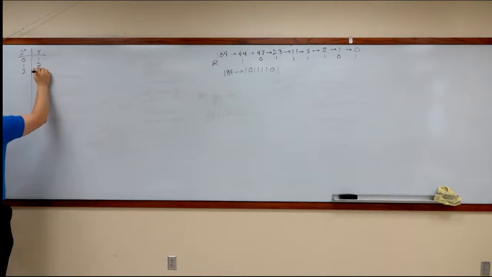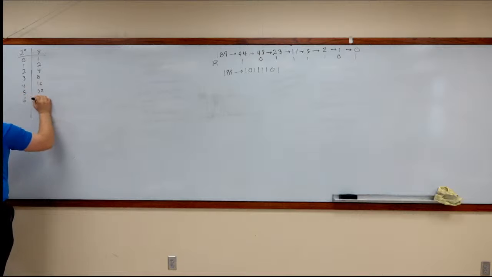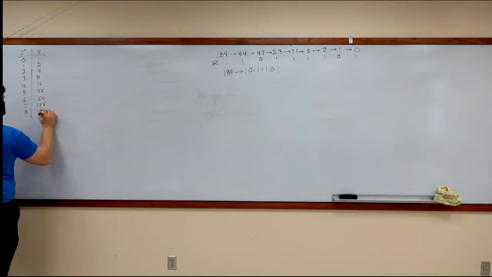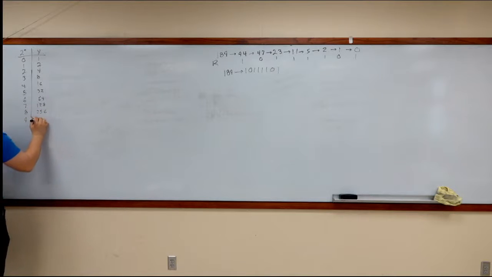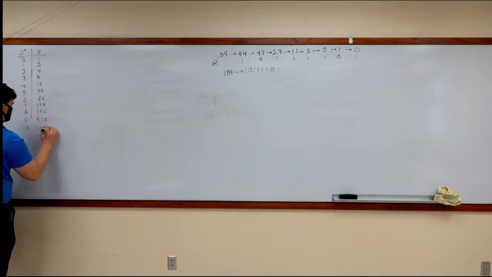So 2, 4, 3, 8, 4, 16, 5, 32, 6, 64, 7, 128, 8, 256, 9, 512, 10, 1024, 11, 2048, 12, 4096.